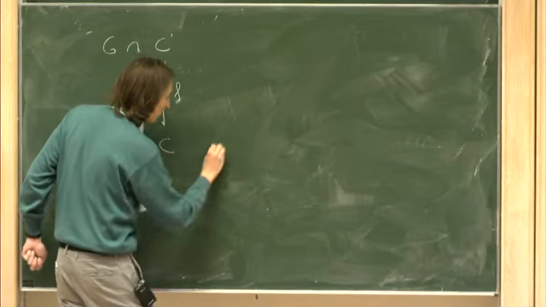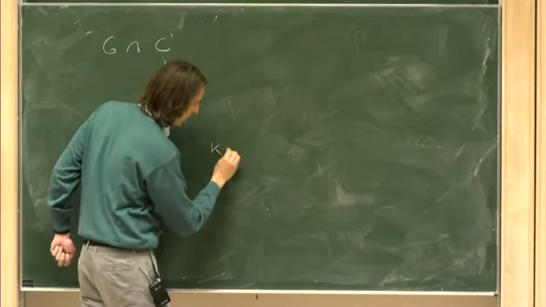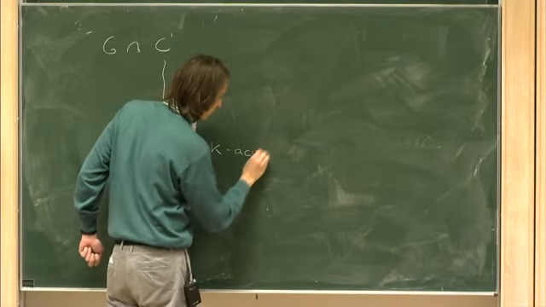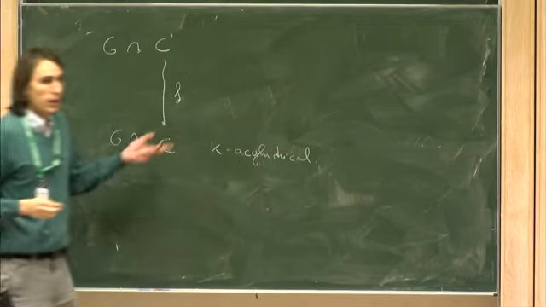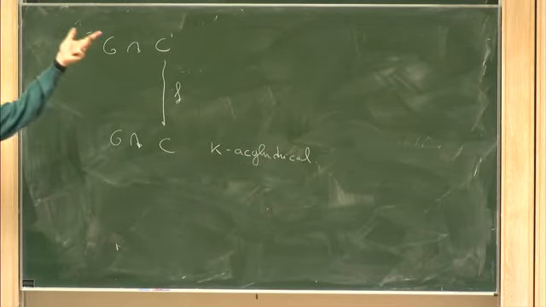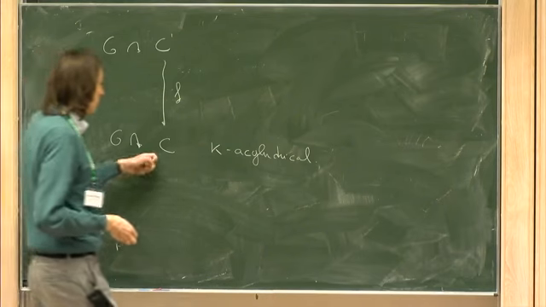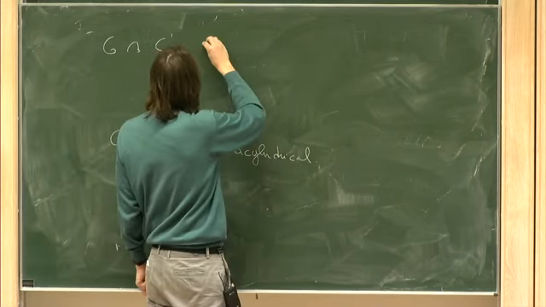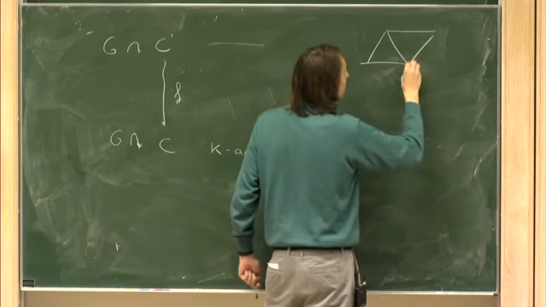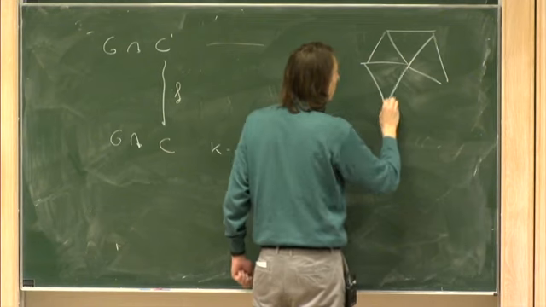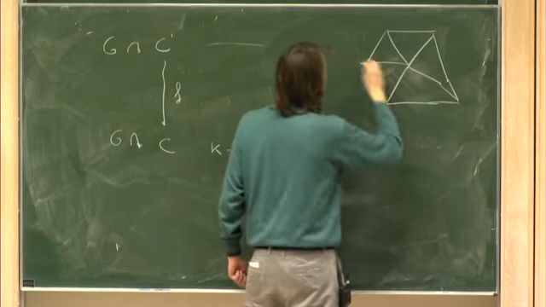Here you assume that G is K-acylindrical, and you make this construction. This construction comes from our pattern in the presentation complex.